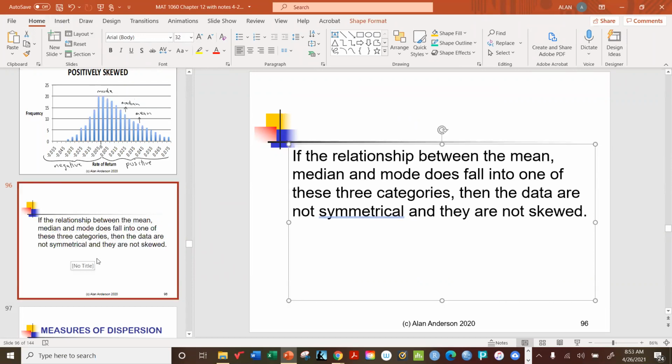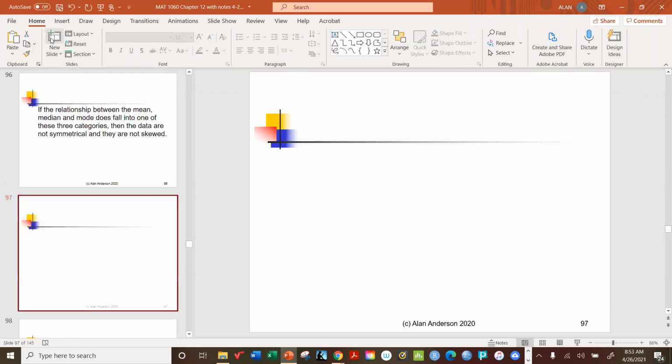So let me show you a graph which doesn't really follow any of these.